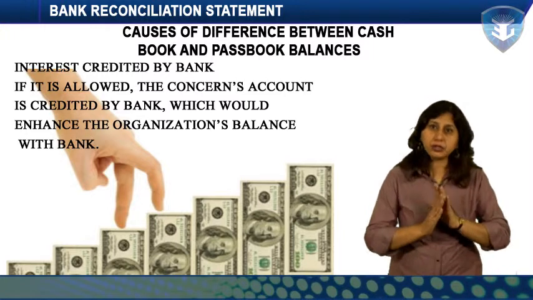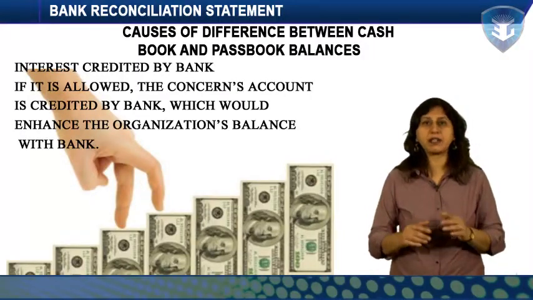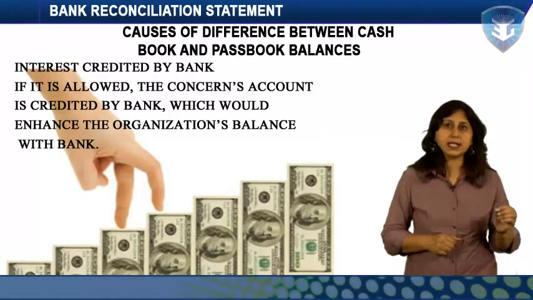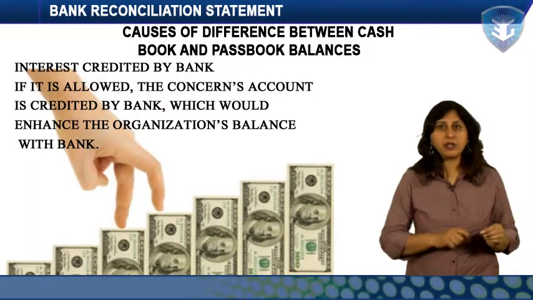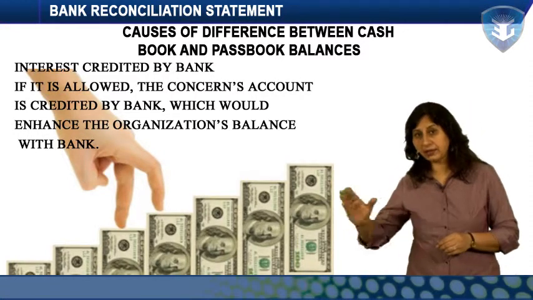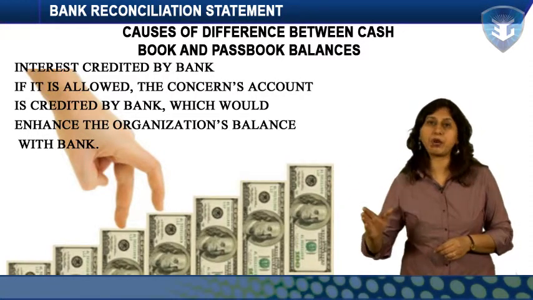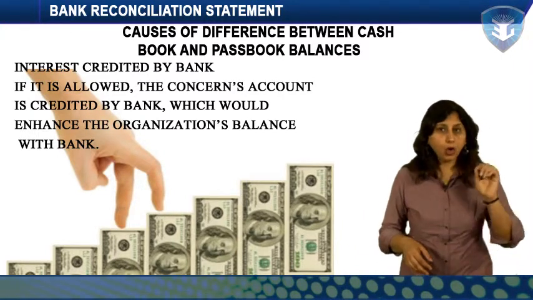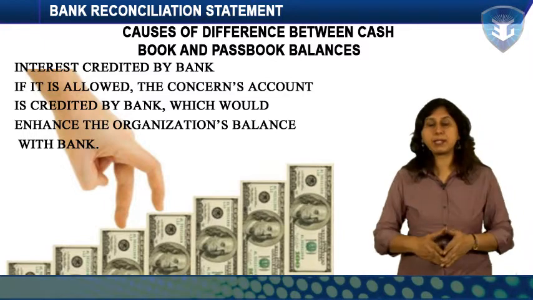Banks normally do not allow any interest on current accounts. However, if it is allowed, the concern's account is credited by bank, which would enhance the organization's balance with bank. On the other hand, the organization would record it on the debit side of the bank account in the cash book only when the bank statement is received.